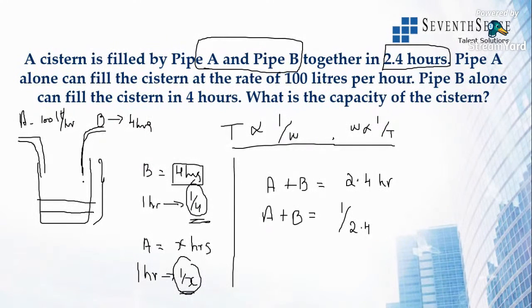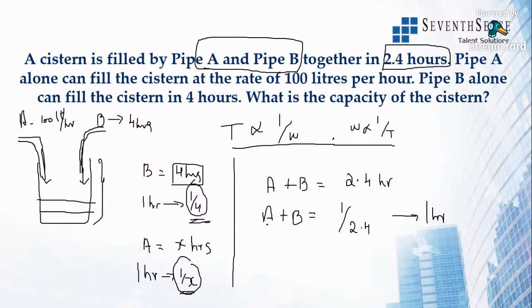If both pipes are open together at a time, both fill the tank in 2.4 hours. That means every hour it takes 1 by 2.4 of the quantity to fill it.